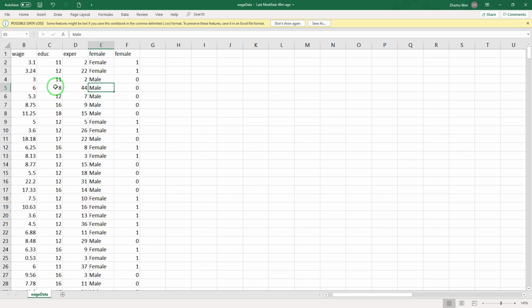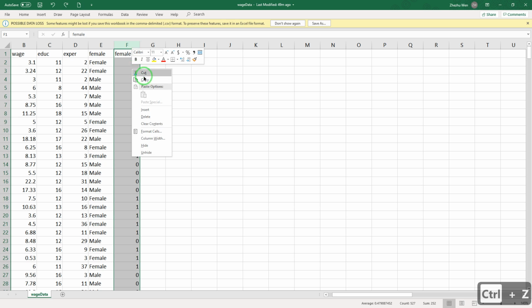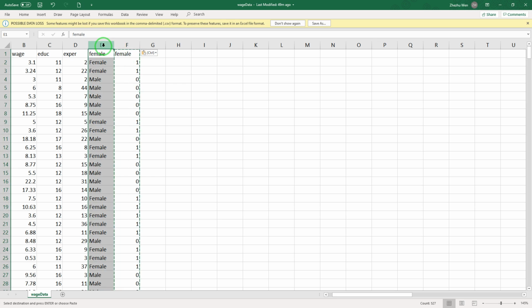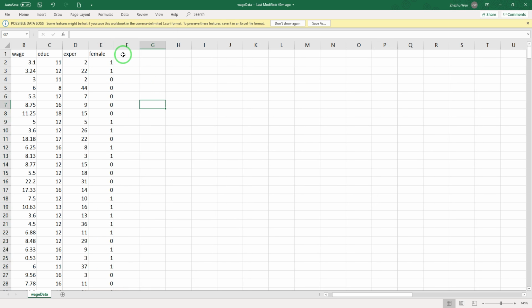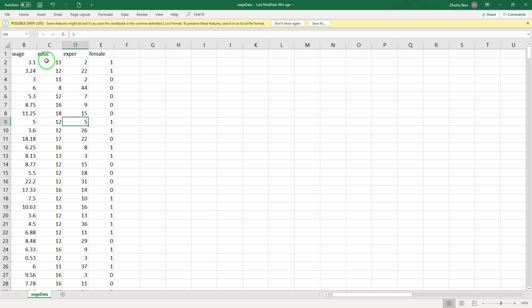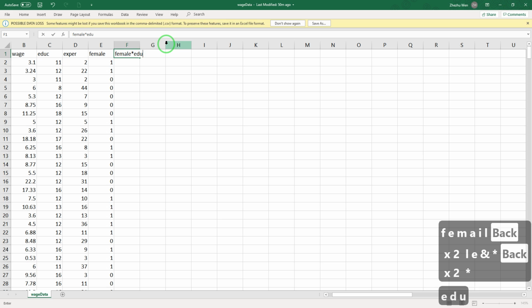So it means 48% of our observations are from the female group. With this ready, we need to do the interaction terms. We need to get rid of this formula. With this, you need to paste it as a value, because this column is dependent upon this particular column. The disadvantage of using the Excel analysis toolpack here is that all your independent variables have to be right next to each other, so that's a little bit inconvenient. Here is female times education.